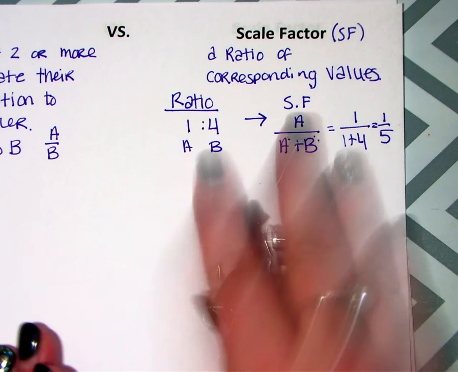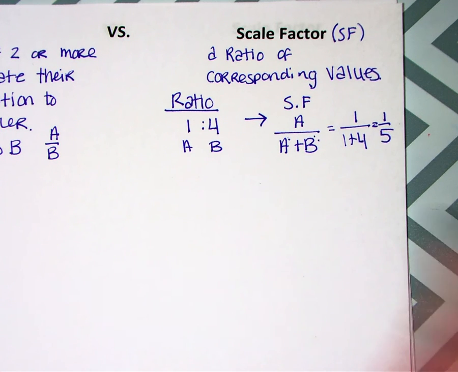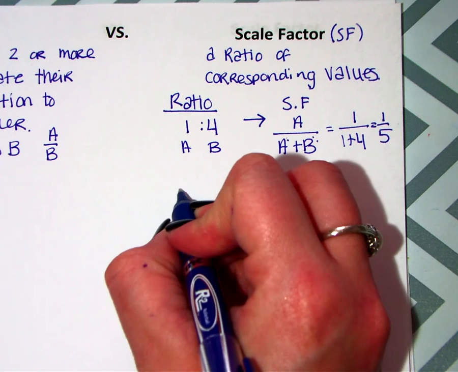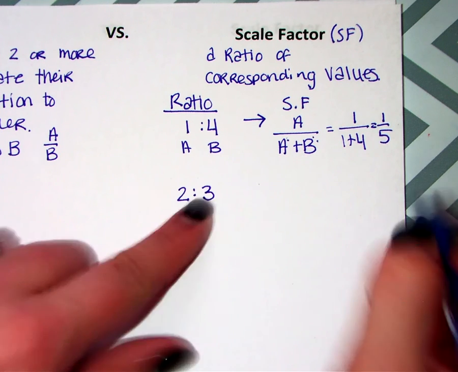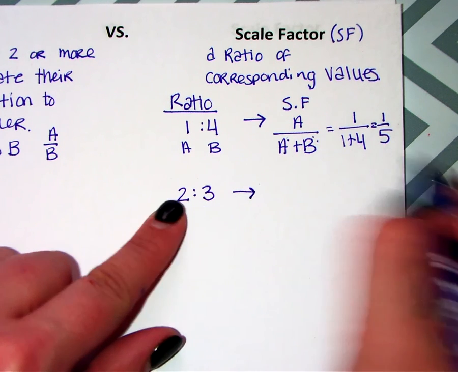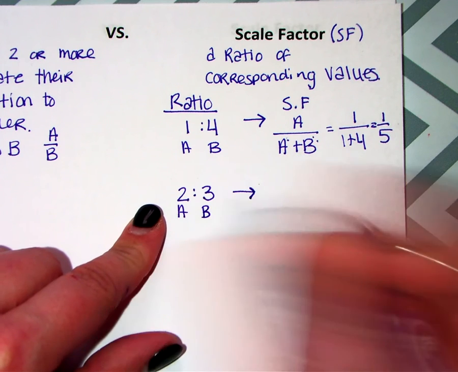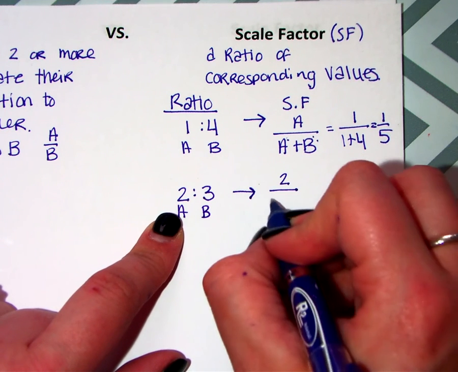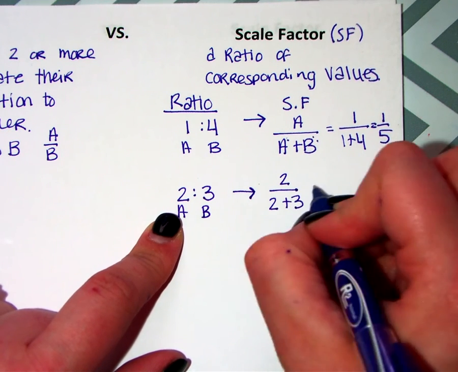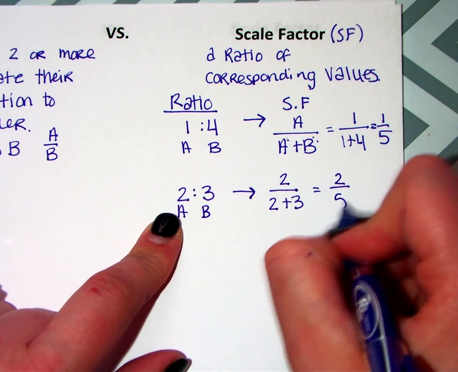Let's talk through that one more time. I'm going to choose a different value. My new ratio is going to be 2 to 3. To change that to a scale factor, I take my A and B value. A goes on top, and the bottom is A plus B: 2 over 5.